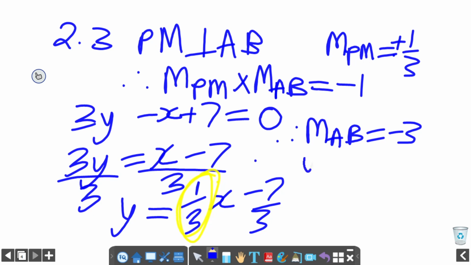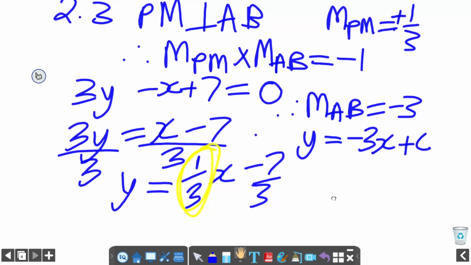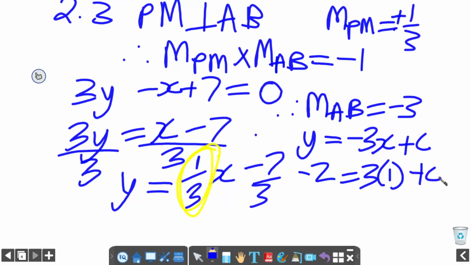y is equal to -3x plus c. Do we know any point? Which point do we know? A point that goes through AB. M. What is that point? 3 times 1 plus c. So c is 1.